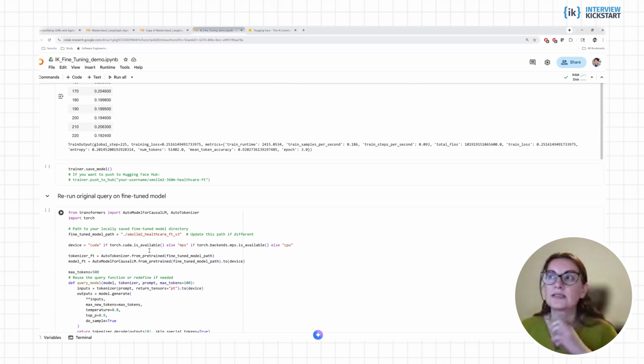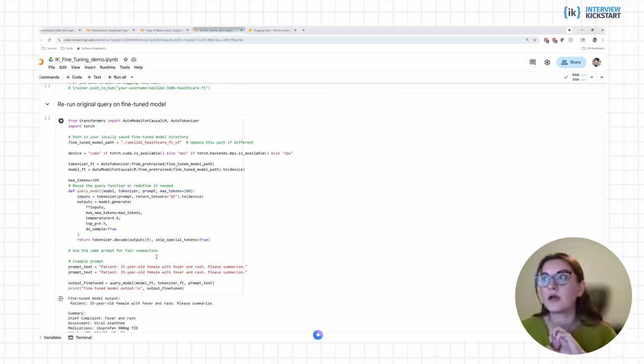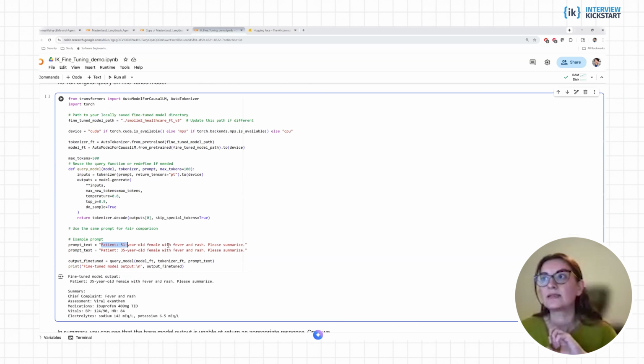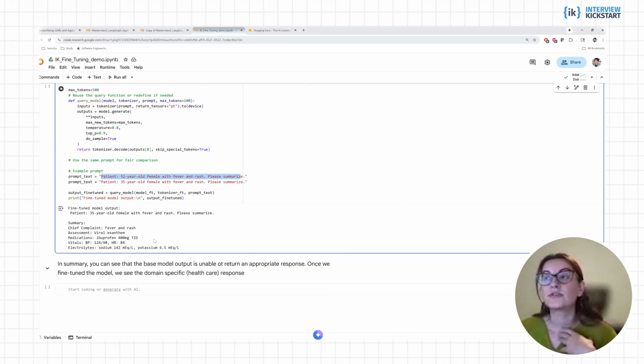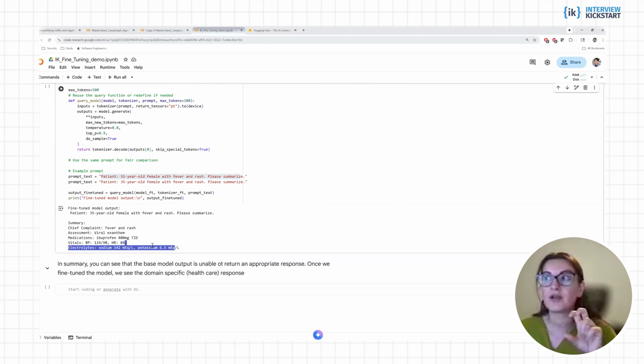We go through the second step again, but this time we are loading the model from our directory that we pushed to, with similar calling. This time I passed in a similar query, for example, 50-year-old female with fever and rash, and you can see with just 3 epochs and minimum training and 100 rows in a JSON file, the summary is looking very similar to what we had in the JSON file for fine tuning.